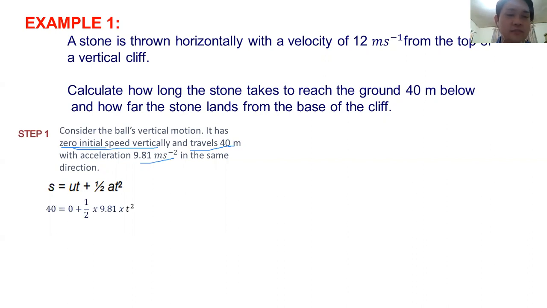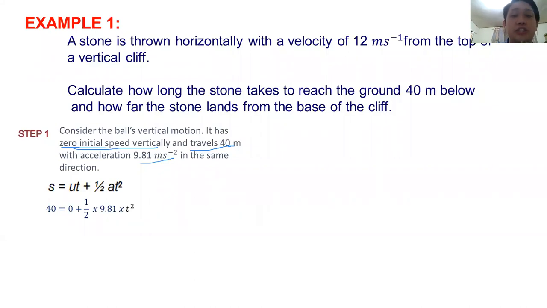Remember that equation? We substitute: S is 40, equal to 0 plus 1/2 times 9.81, the acceleration due to gravity, times t squared. The 0 is because the initial speed vertically is 0.